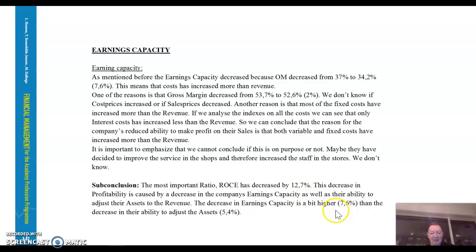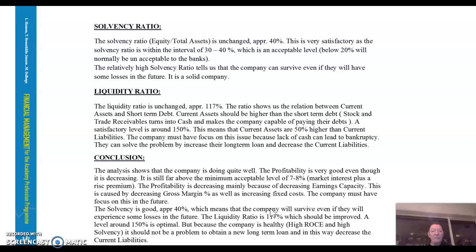But you can see here 7% is related to the earnings capacity and 5% to the relation between revenue and assets. So the most important thing is that the operating margin decreased.